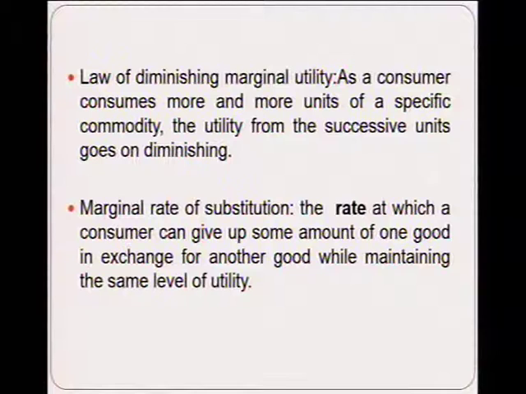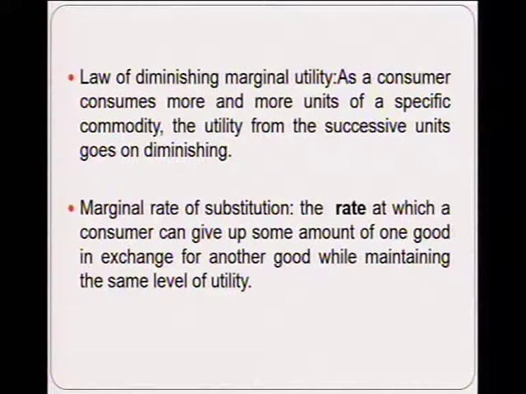The other concept is the marginal rate of substitution. Now we're looking at two goods here, good A and good B. And this is the rate at which a consumer can give up some amount of one good in exchange for another good while remaining on the same level of utility. Between good A and B, the rate at which you give up A to get more of B is a marginal rate of substitution.